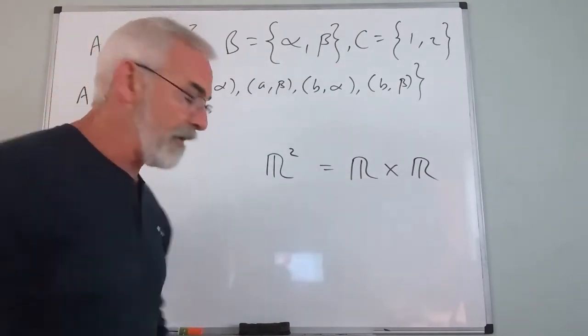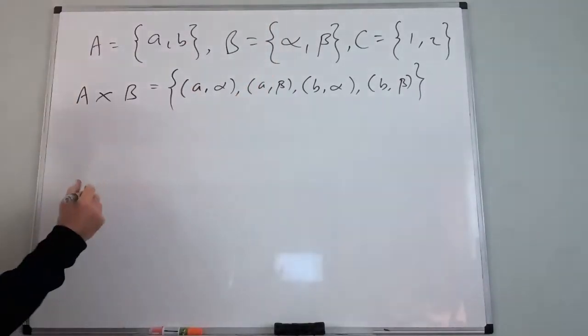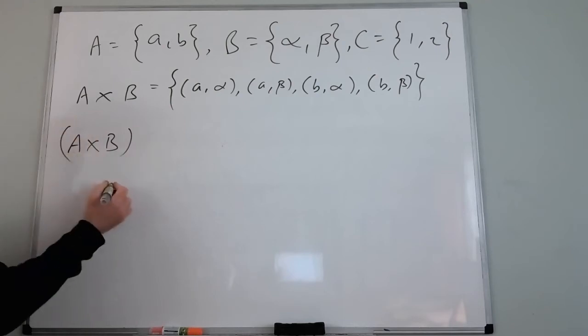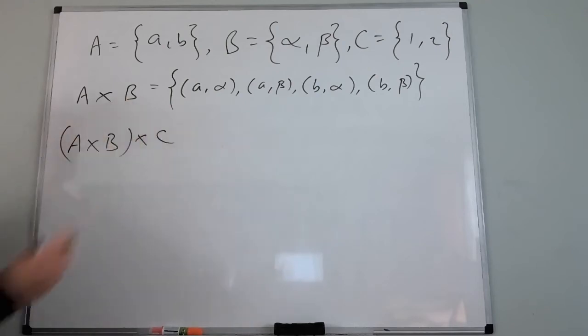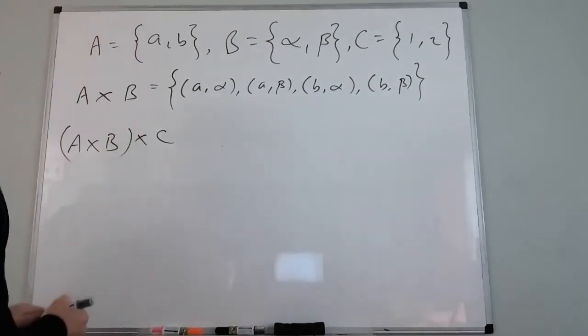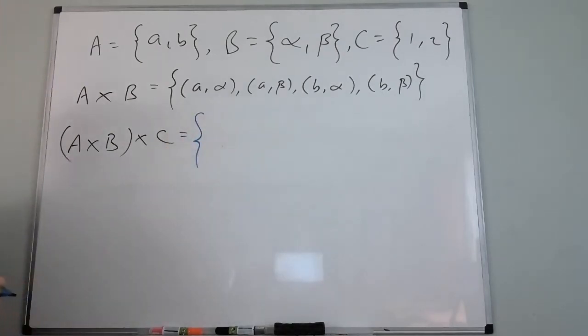Now, what if I want to do another Cartesian product? Just to be thoroughly evil, I want to do A cross B cross C. Now, this is something you probably haven't seen before. This is not hard. So what is this going to look like? Well, it's still going to be ordered pairs, but not the usual ordered pair.